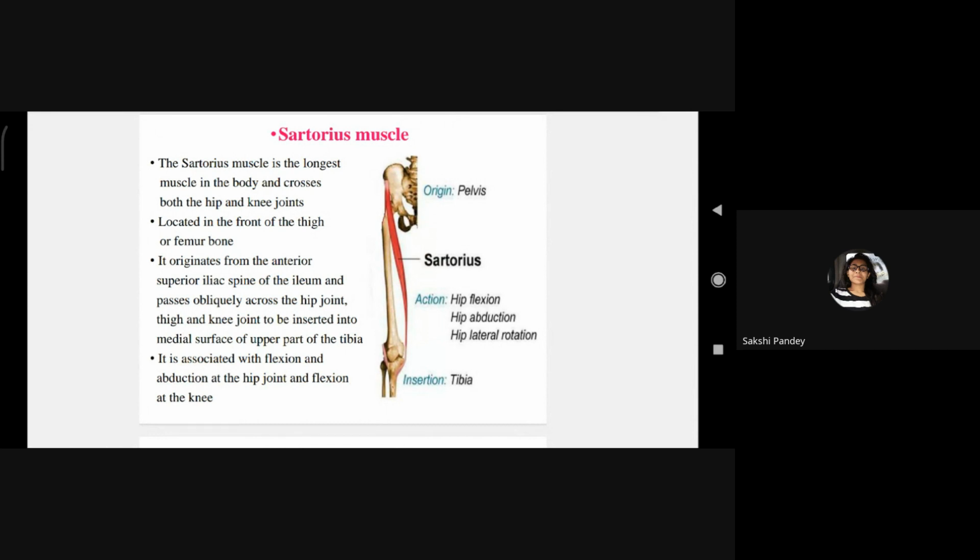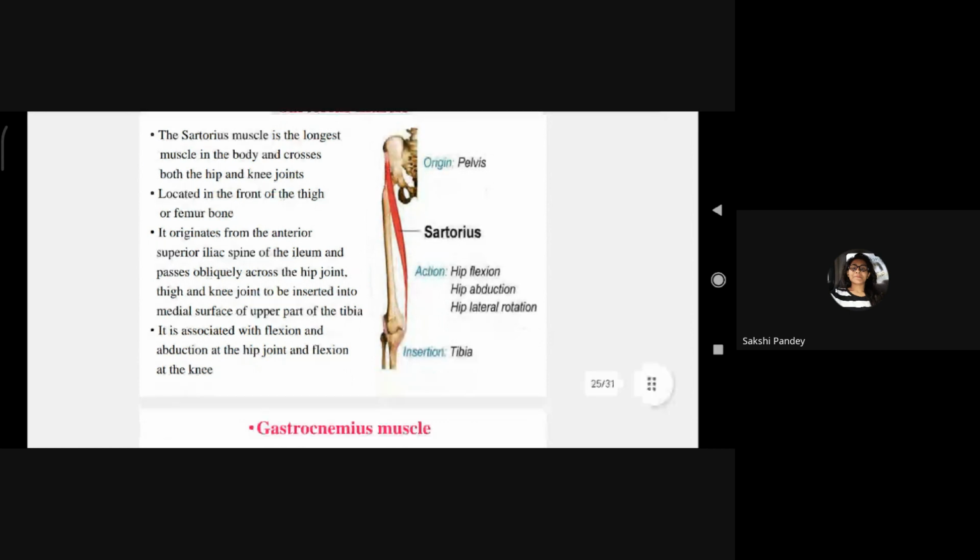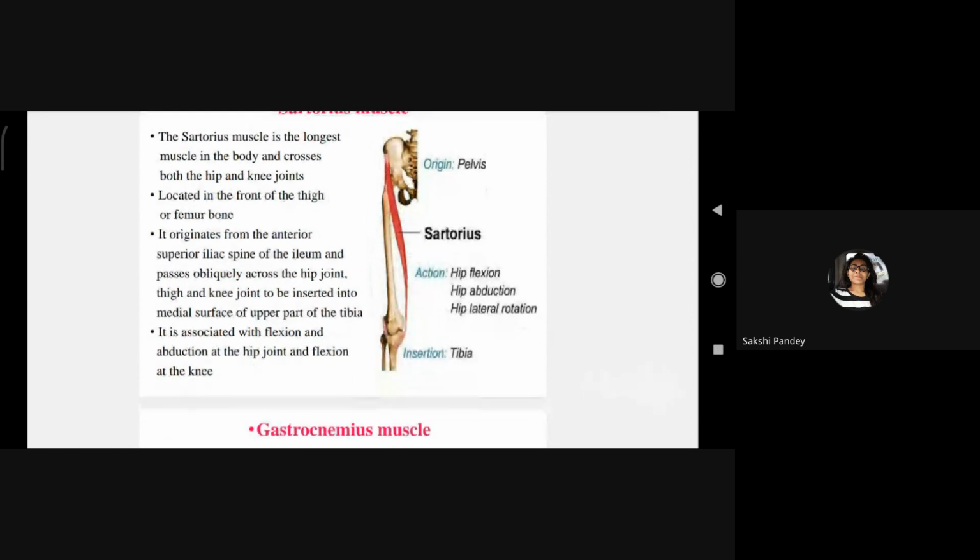and inserting into medial surface of upper part of tibia. Tibia was the shin bone or lower leg bone. So inserting into medial surface of tibia. Medial means towards the midline. So inner part of tibia.